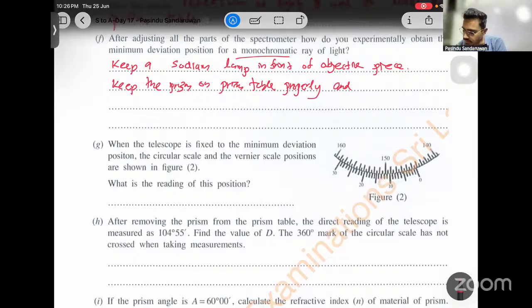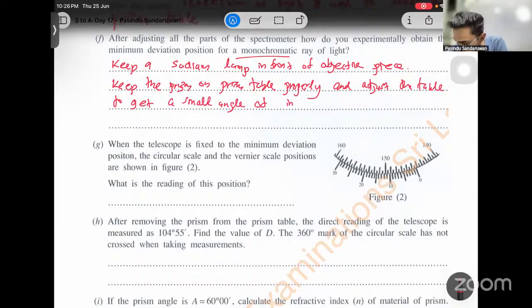Keep the prism on the prism table properly, and rotate, adjust the scale and adjust the table to get a small angle of incidence.